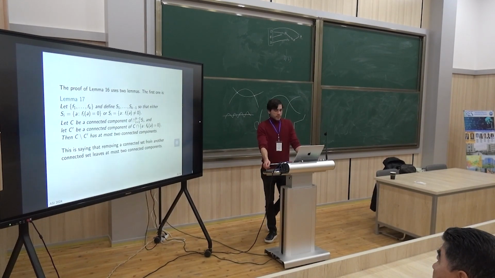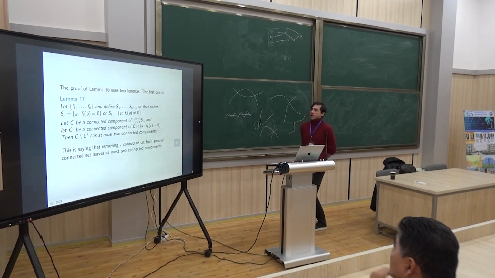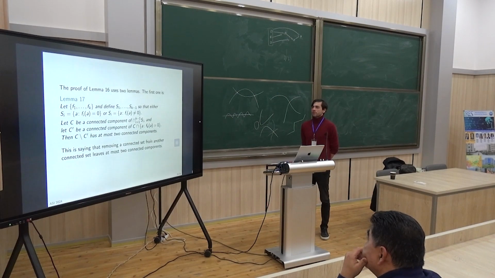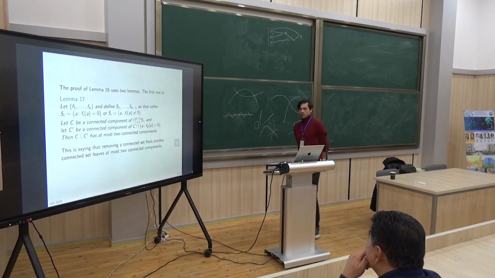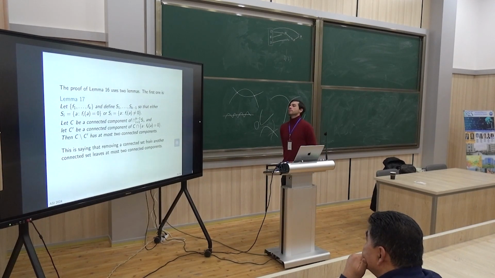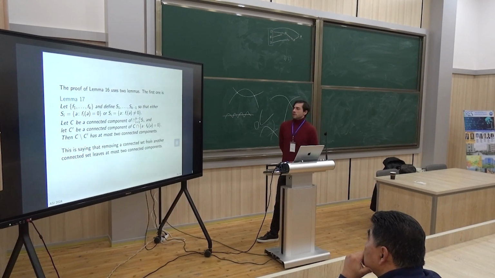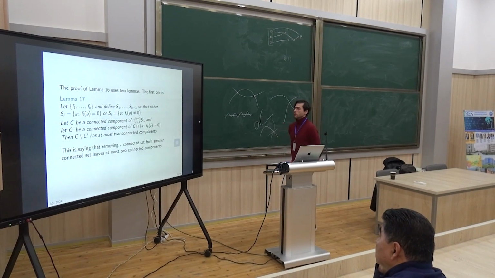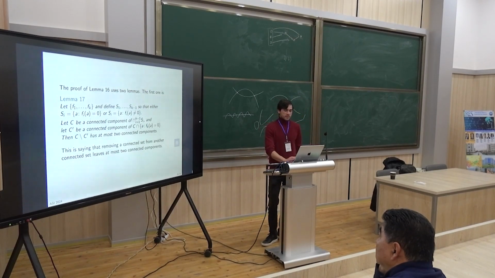Let's say that we have k functions, and for each of them we define an S set that is going to be either a 0 set for that function, or it's going to be a set of points where the function is not 0. And let's say we look at a connected component of the intersection of the first k minus 1 of those sets S. And then we look at a connected component of the intersection of that set C with the last surface.